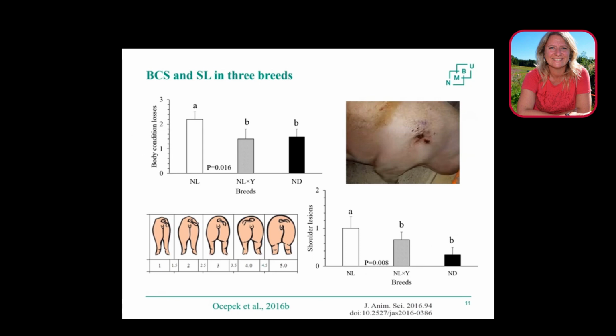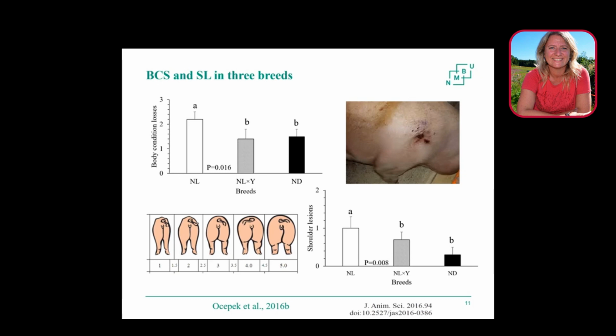We also see that the Landrace sow, the mother breed, has the highest prevalence of shoulder lesions. So that is something that the sow has to pay in order to be able to feed the large litters.